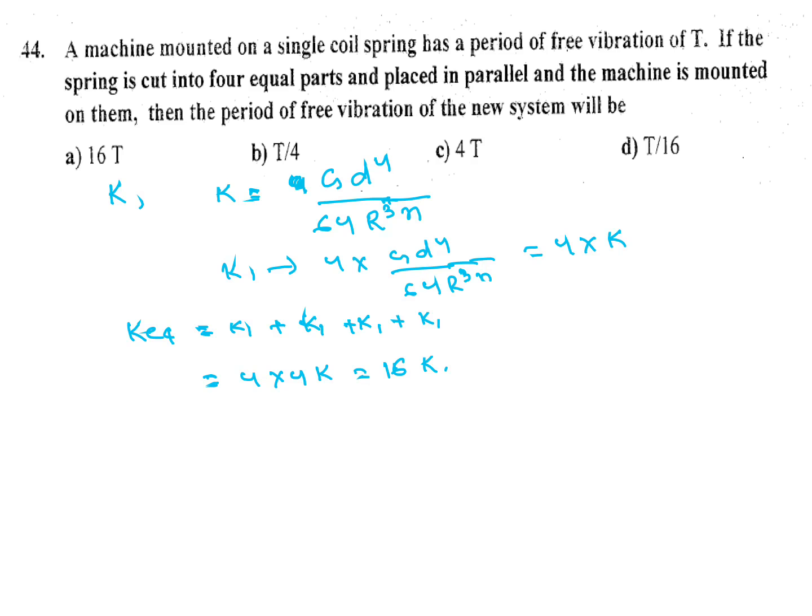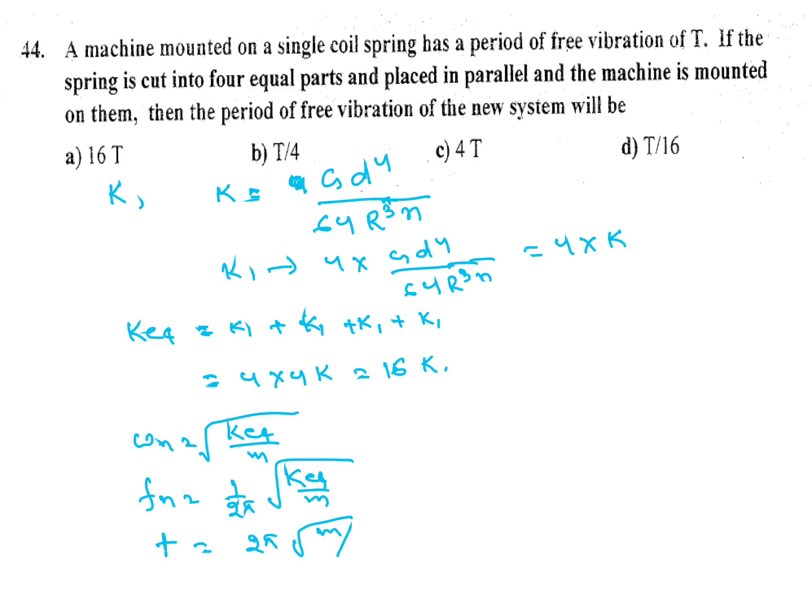Then we have to calculate the period of free vibration. Omega n is root over K equivalent by M. Then frequency is 1 by 2 pi root over K equivalent by M, and our time period is 2 pi into root over of M by K equivalent.